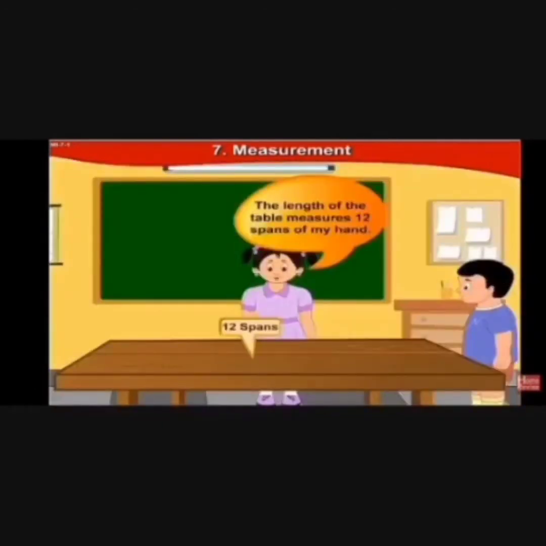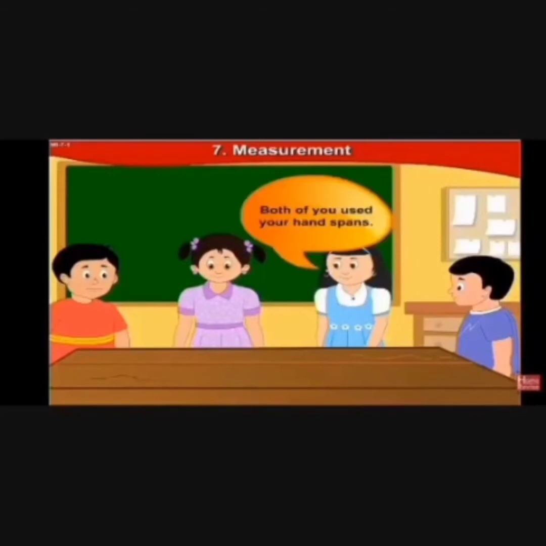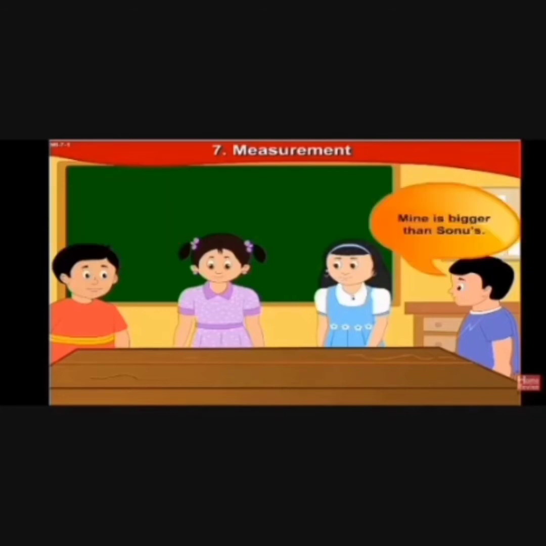The length of the table measures 12 spans of my hand." How is it possible? Both of you used your hand spans. Then why is there a difference in your measurement? Are their hand spans equal? Mine is bigger than Sonu's.